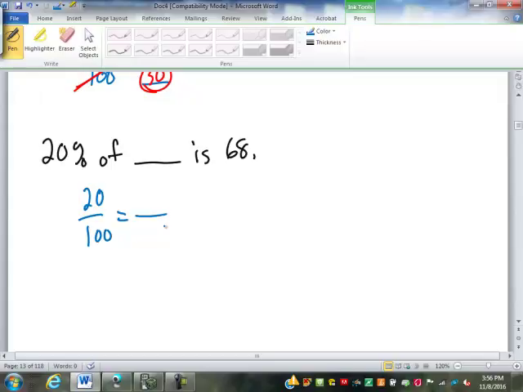What's going to go on top here? 68, because 20% is 68. So on bottom, it will be a missing number. So we're going to cross multiply. 100 times 68 divided by 20, which is 340. So 20% of 340 is 68.